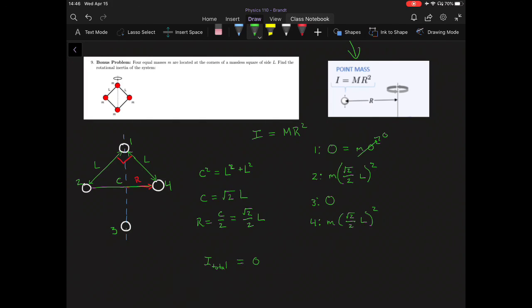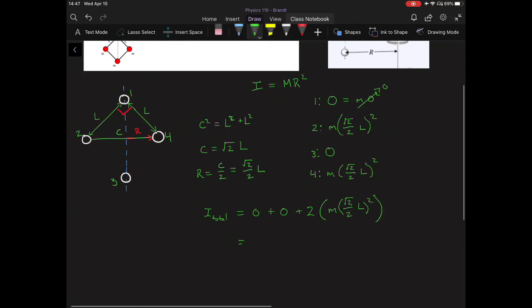So 0 plus 0 for 1 and 3, and then we add in 2 and 4, and they're the same, so it's just going to be 2 times m root 2 over 2 L all squared. And if we simplify that down, what we wind up with for our total I is going to be mL squared.